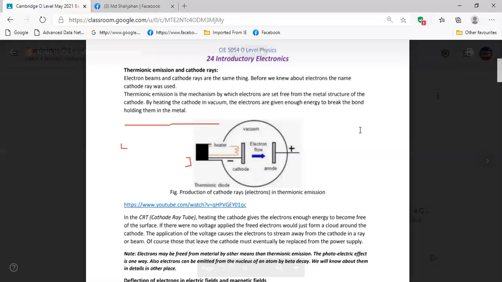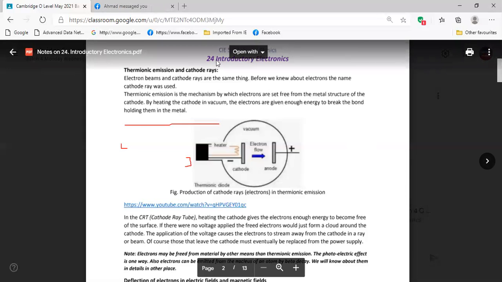This flow is not a single electron, there is a beam of electrons. Lots of electrons are going together. That's why it is called cathode ray tube. This electron beam is called cathode ray, because the rays are starting from the cathode. Is it clear?